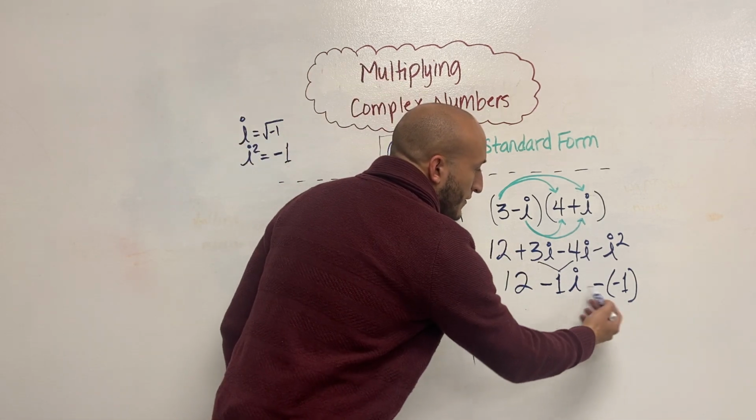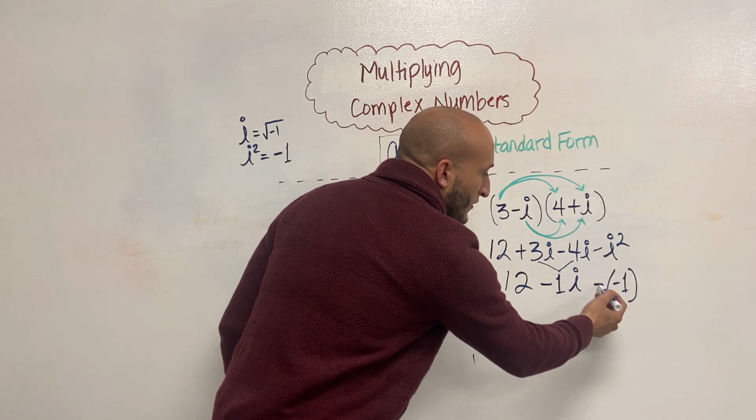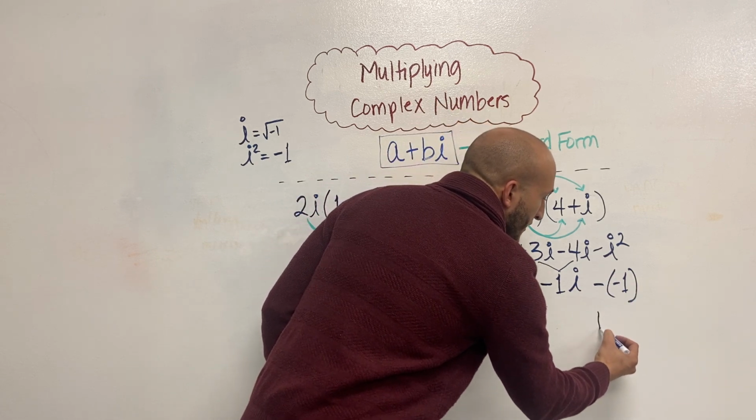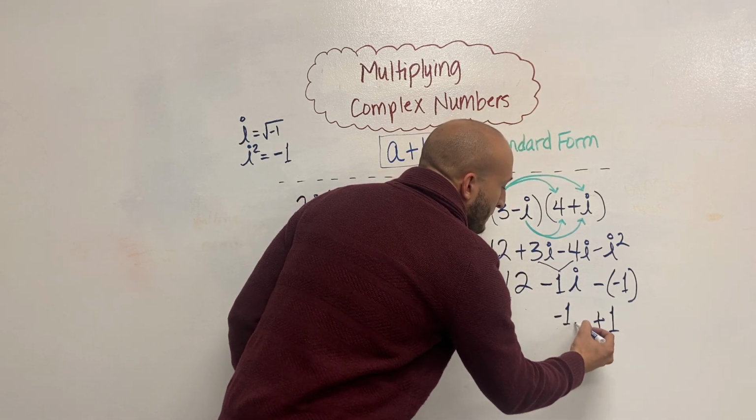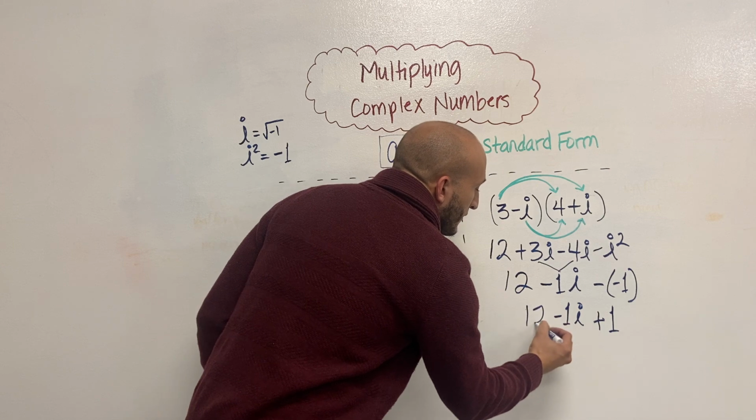Now let's fix this up here. We have a negative times a negative. That will be a positive 1, and we have a negative 1i and positive 12.